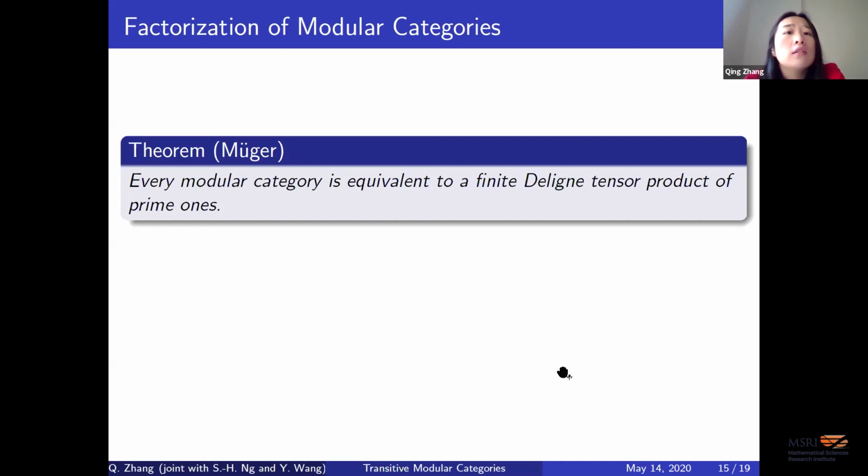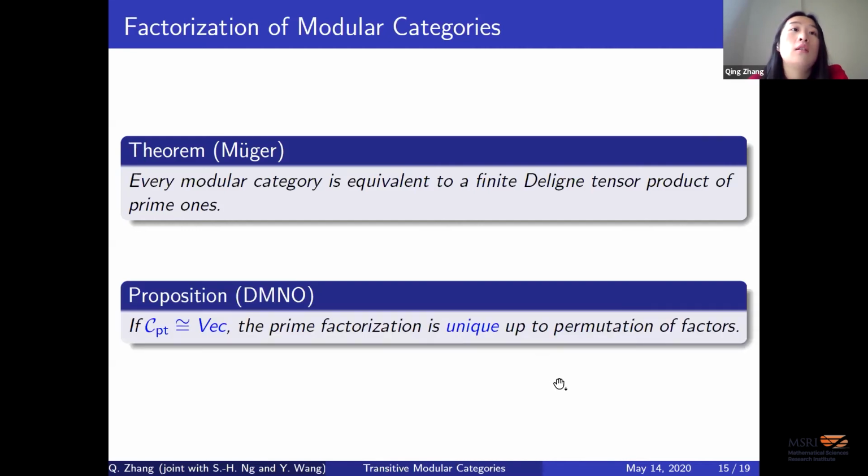However, this prime factorization is not unique, and there's one case when it is unique, which was given by Davydov, Müger, Nikshych, and Ostrik.